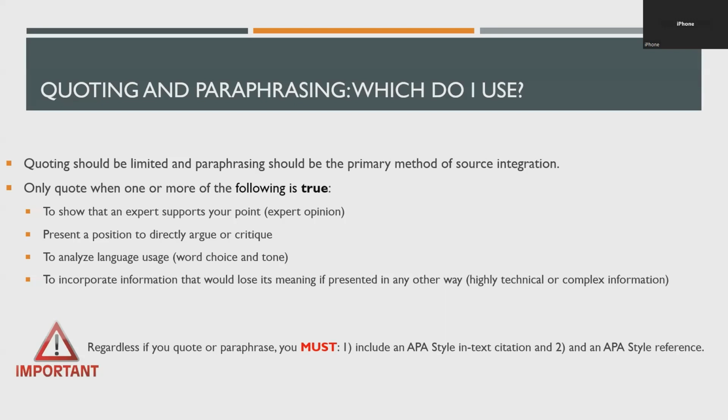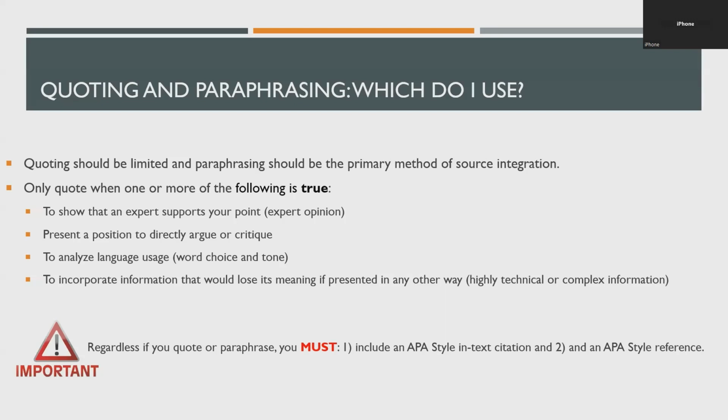Likewise, if you're looking at the exact language that someone is using, if you are looking at someone's word choice, or you're paying a lot of attention to the tone that an author is using in their text, that's also a good time to quote.